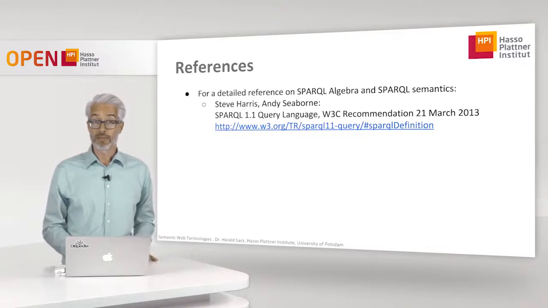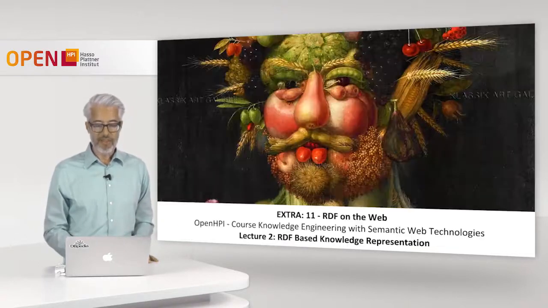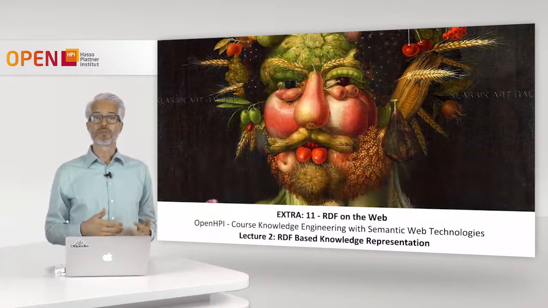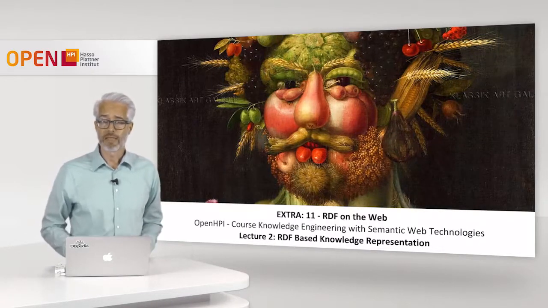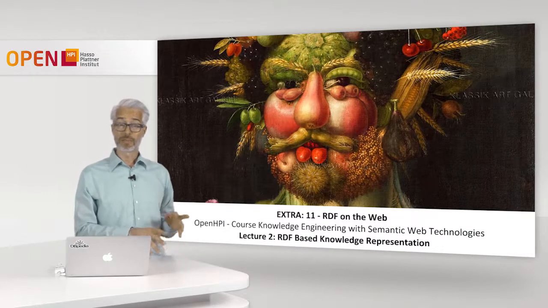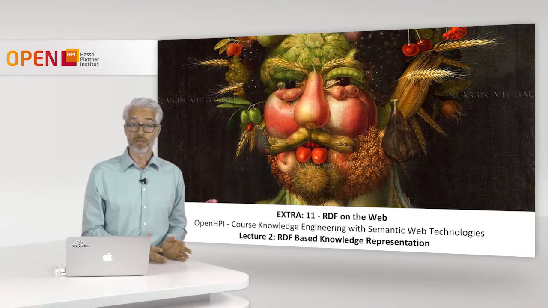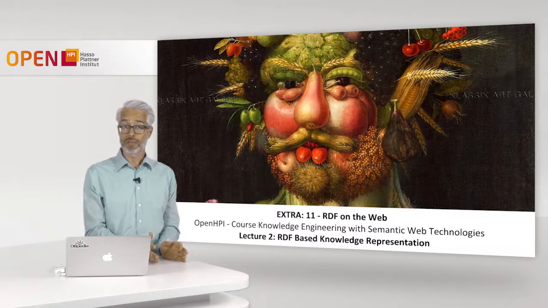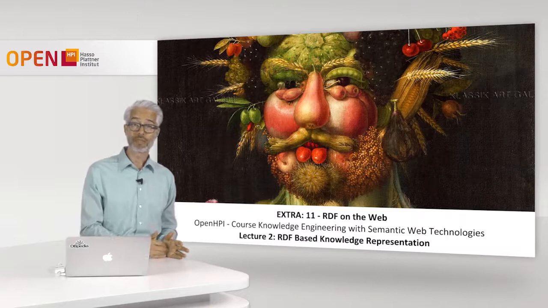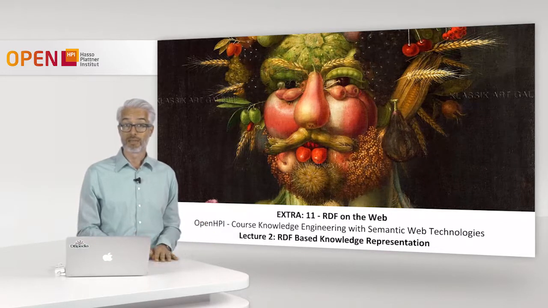The next extra part of the lecture will focus on how we can use RDF directly on the web, because right now we have only talked about the semantic web and SPARQL endpoints where data is available. But on the web we usually have to do with documents, and how documents and semantic data are combined will be addressed in part extra 11 in the next lecture.